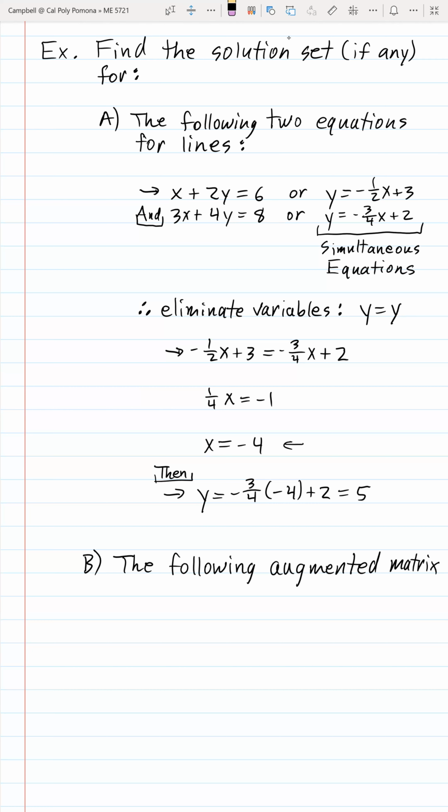Well, what we can do is capture the coefficients, 1, 2, 3, and 4. We can capture the constants, and we'll separate the constants from the coefficients using a dashed line. So here, these are the variable coefficients.